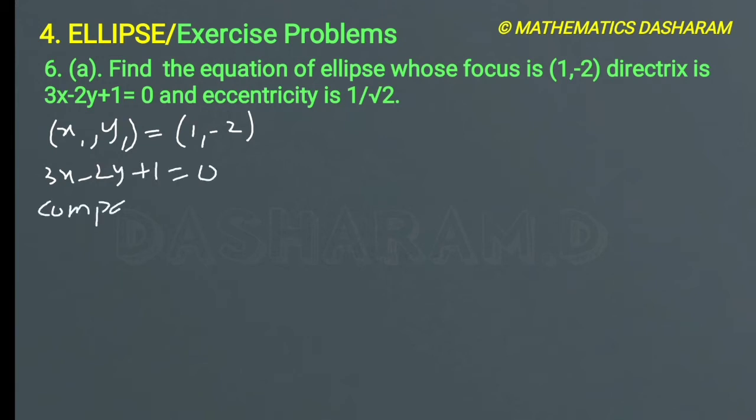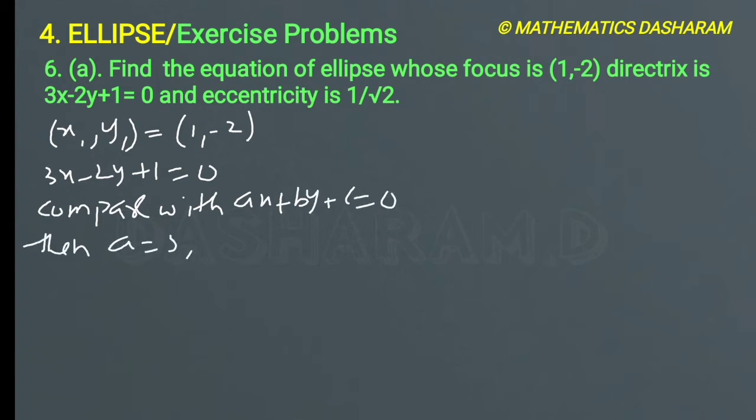So compare with ax plus by plus c equals 0. Then the a value is 3. Next the b value is minus 2. Next, eccentricity, that is e equals 1 by root 2.